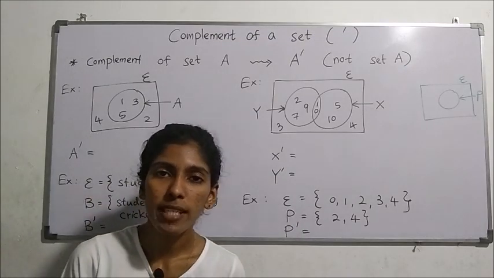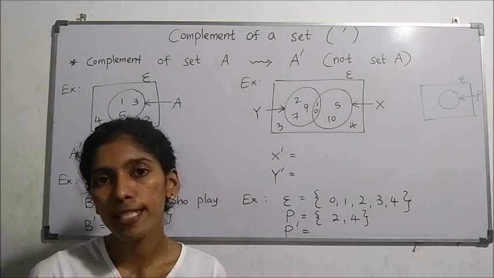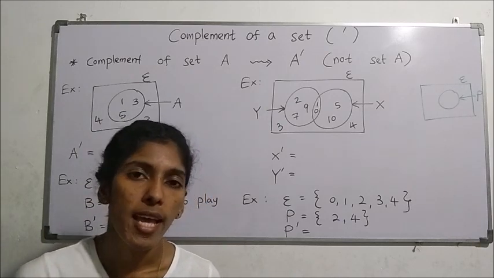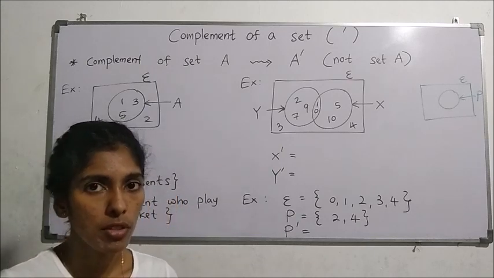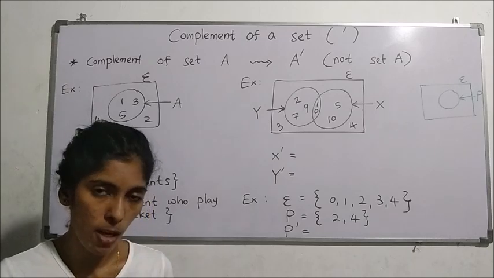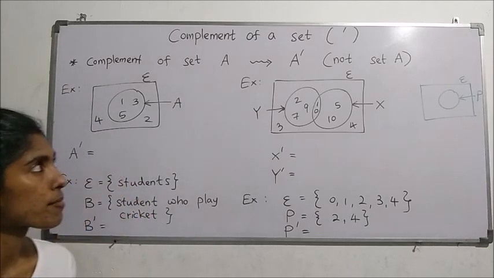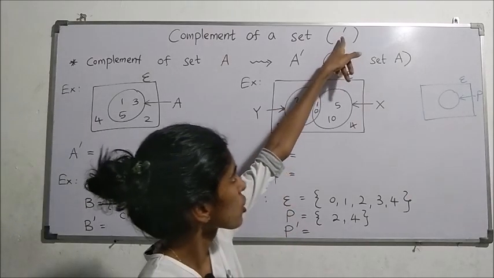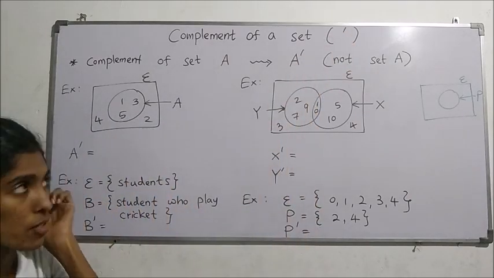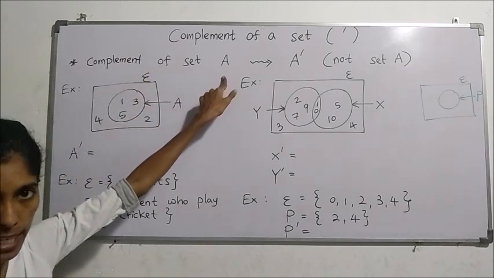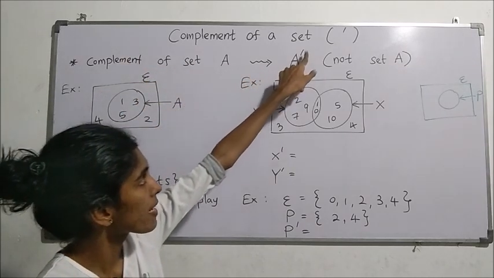Now children, we will learn about the complement of a set. We have learned about the union and the intersection and how to shade the regions regarding these, and now we will learn about the complement of a set. Complement means not that set. This small dash is used to represent the complement. The complement of set A can be represented by A dash.